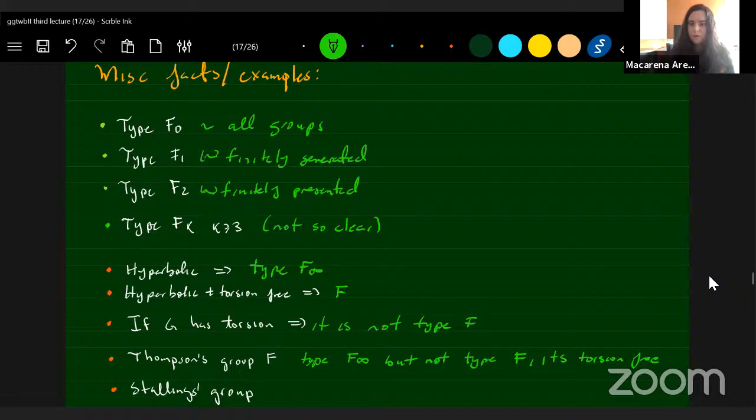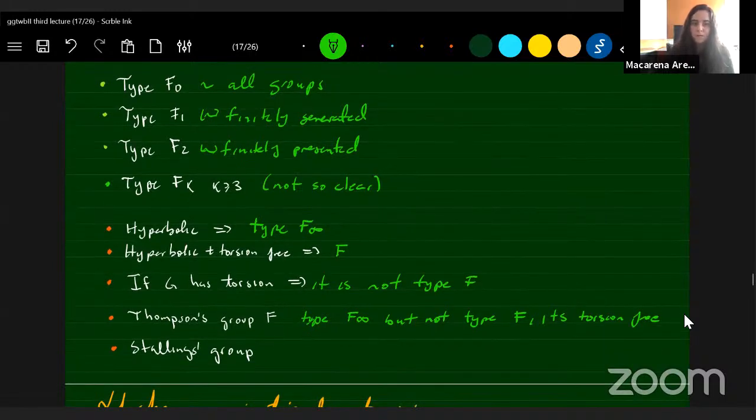So torsion free is not the only obstruction to being type F. Stallings group, which we also mentioned before, is type F2, but not F3.